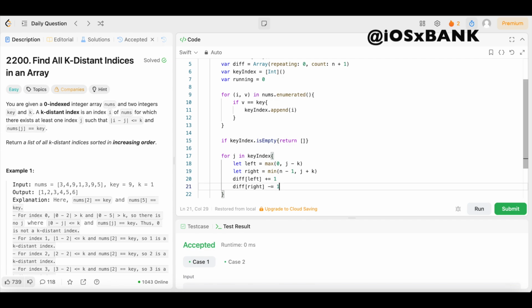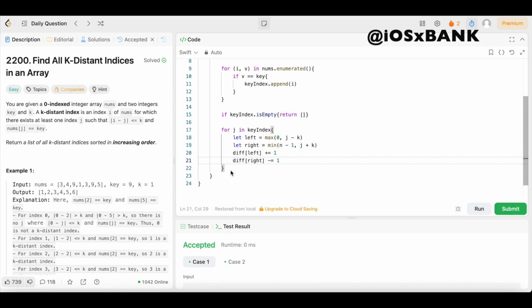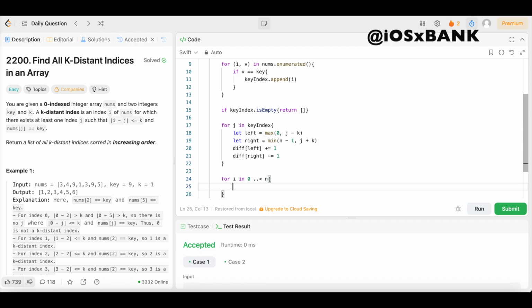Now we're going to use the prefix sum technique on the diff array to determine the active range. So underneath this for loop, we say for i in 0 up to n, and we accumulate the range.